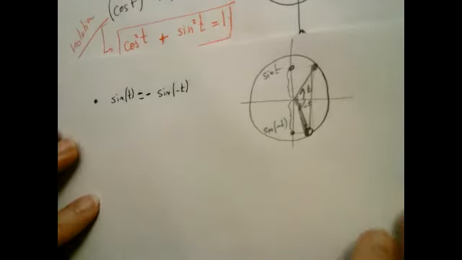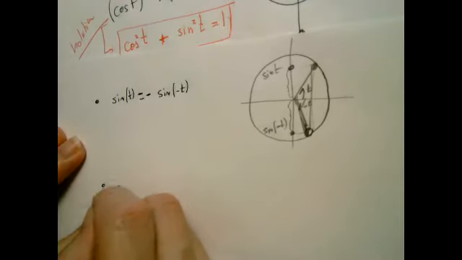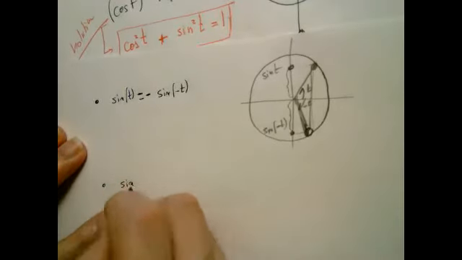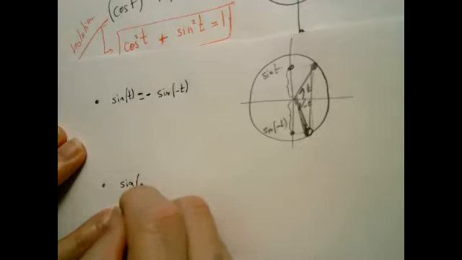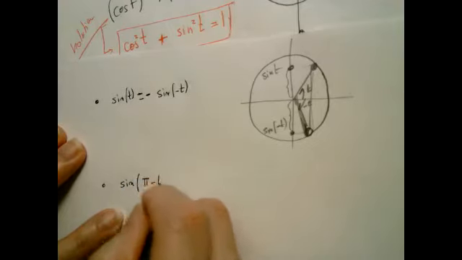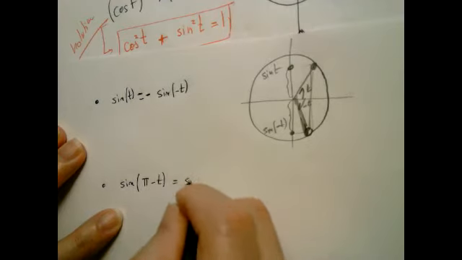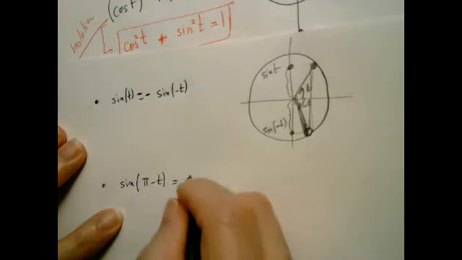Okay. Now, what else? I'll give you 2 more, but I'll give you a minute to answer. What's the relationship between the sine of pi minus t and the sine of t? I don't know if it's equal. You have to tell me.